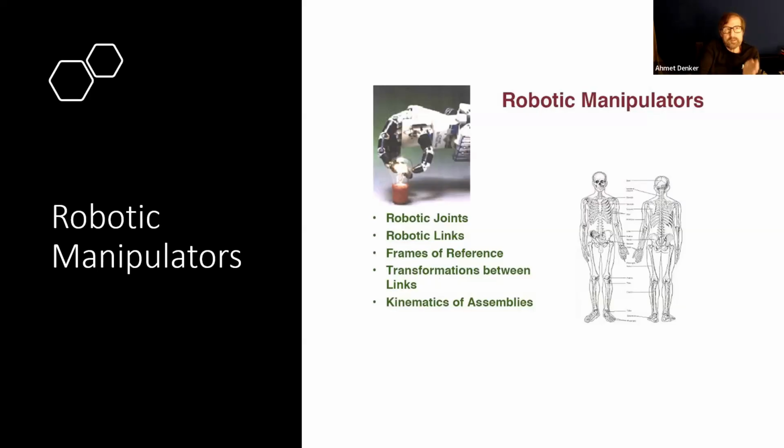How do we make transformations? Mathematical transformations. That's where the mathematics comes into play, into our help. And you have seen matrices.